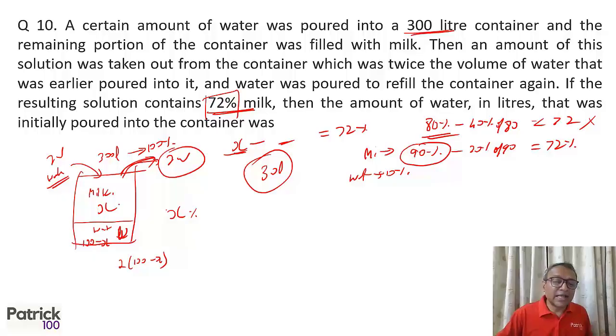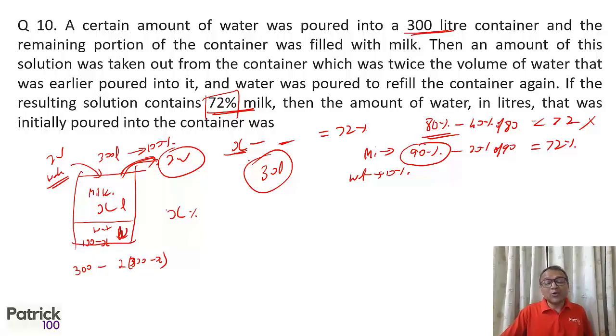If I take liters, let's say X liters, in that case the water will be 300 minus X liters, and you're removing twice of that. So the amount that remains is your proportion of milk.